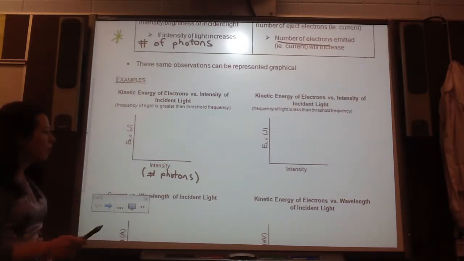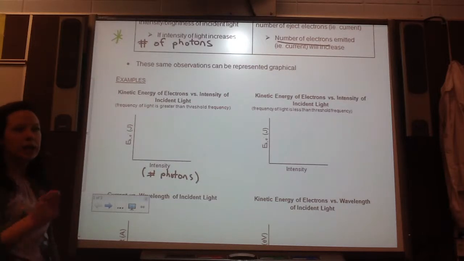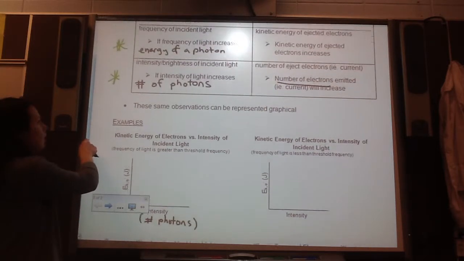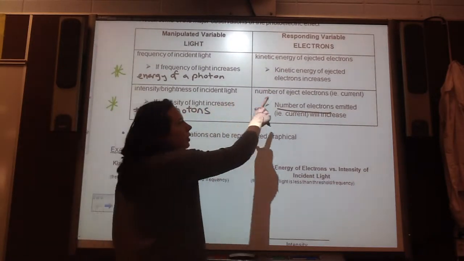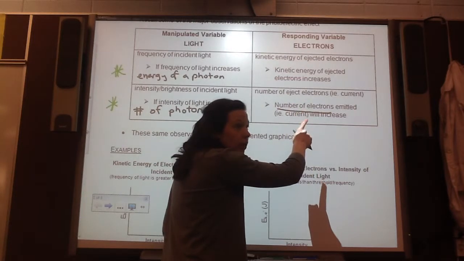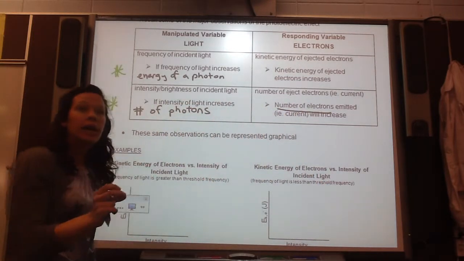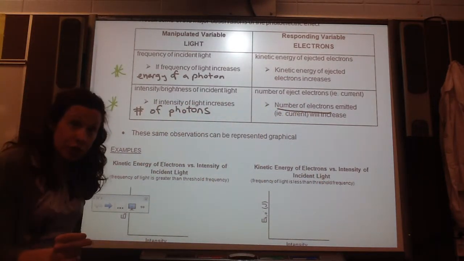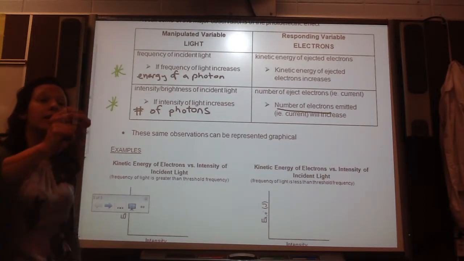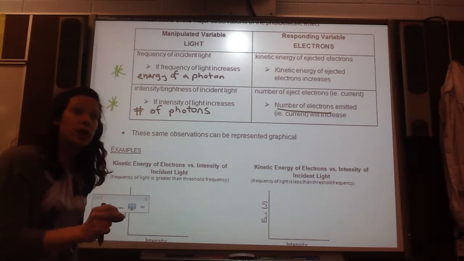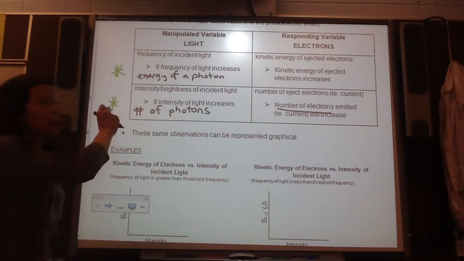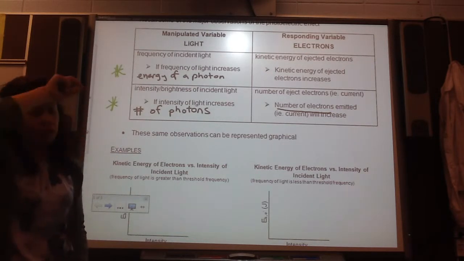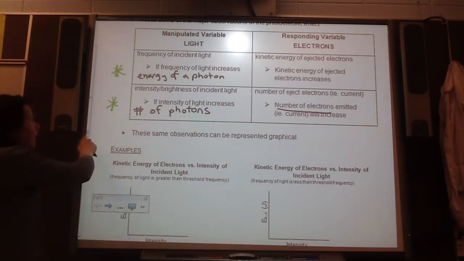If the number of photons increases, will the kinetic energy increase? No. If the number of photons increases, only the number of electrons will increase. The only thing that can change the energy of the electrons is the energy of the photons, which is frequency. See? That's why this is so hard, okay? Because it's frequency, energy, whatnot.